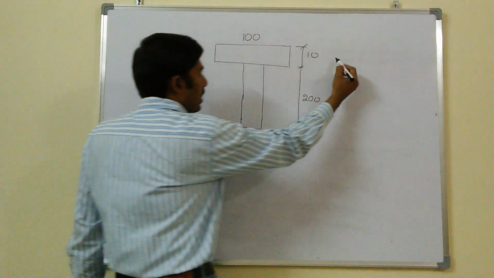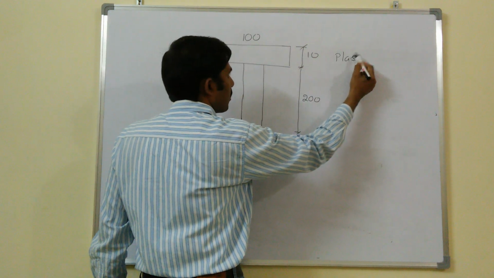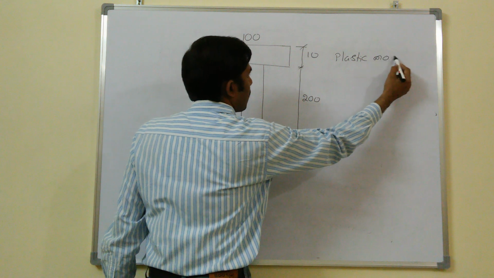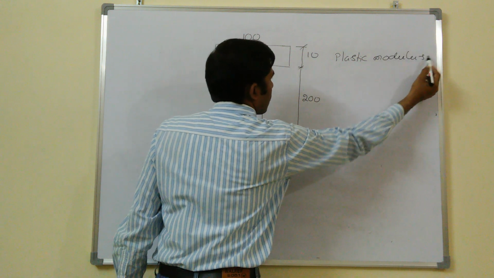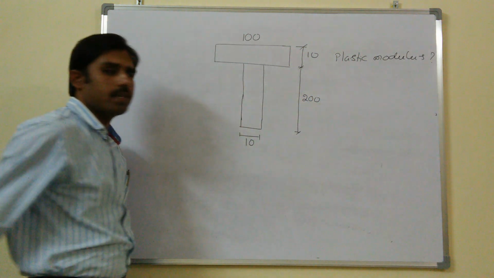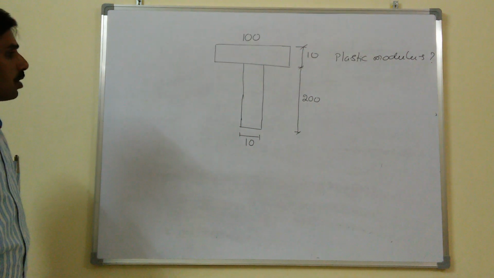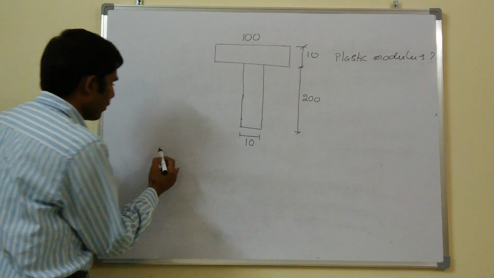So we need to find the plastic modulus for this T section. As usual, we first need to find the total area.